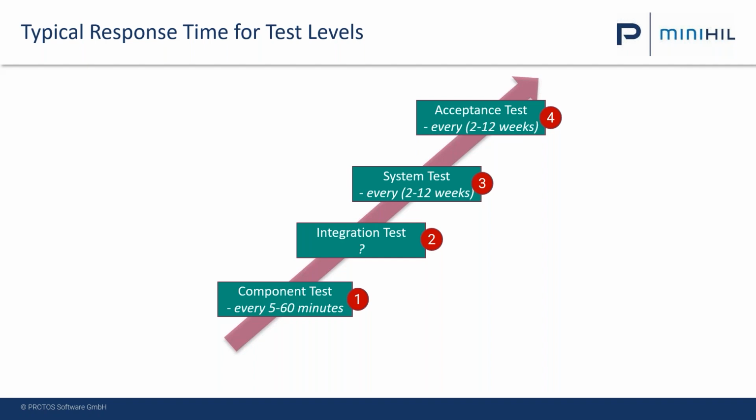The next step is the system test. From what we know from our customers, it runs between 2 and 12 weeks. So every 2 weeks, 4 weeks, 10 weeks, a system test is executed, not because it takes so long to run, but because it's really expensive. It takes a lot of resources and expensive systems. Acceptance test is on system test level, so it usually runs at the same frequency.